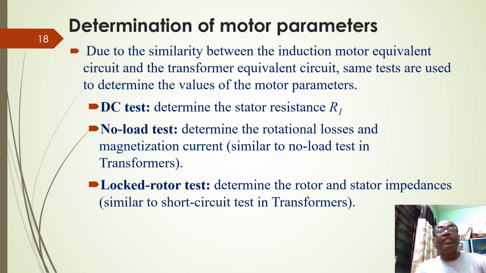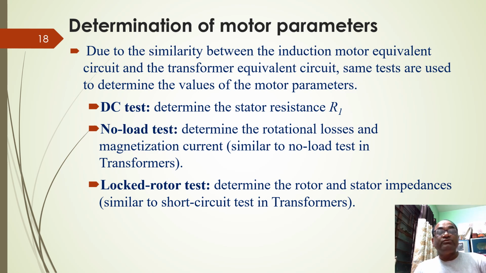Okay, as we have discussed already, the induction motor is a type of transformer with shorted secondary. Induction motors are also tested in the manner transformers are tested. So the DC test is conducted on the induction motor to determine the stator resistance.